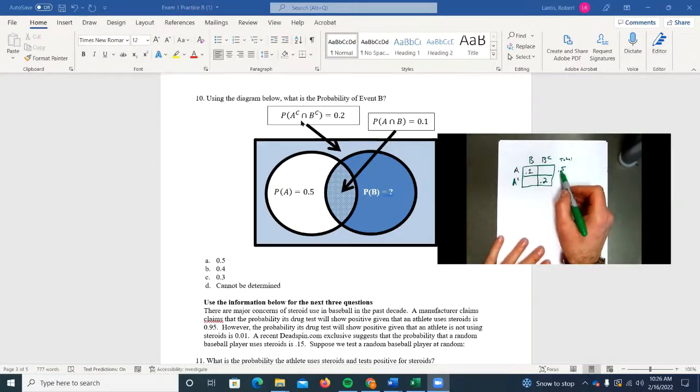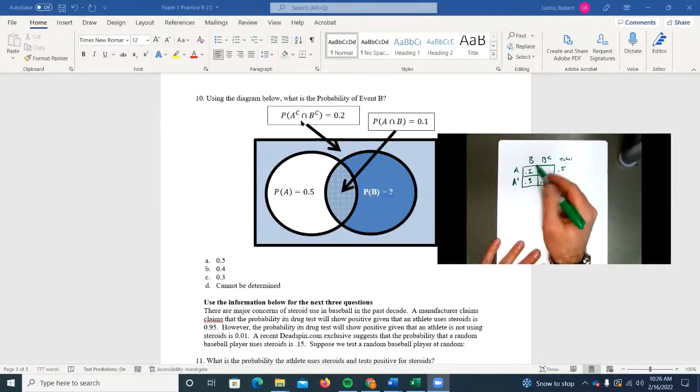If I know that the probability of A is 0.5, what does the probability of A complement have to be? Right, these totals, when I add across or down, should add up to 1. So now that I know the probability of A complement is 0.5, how could I fill in this missing value? These two things should add up to 0.5. So this should be 0.3.